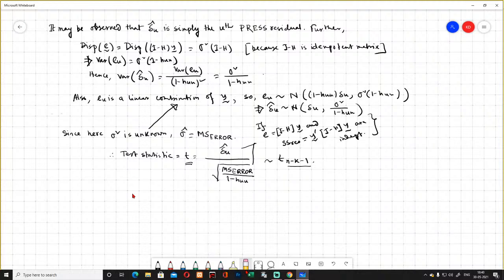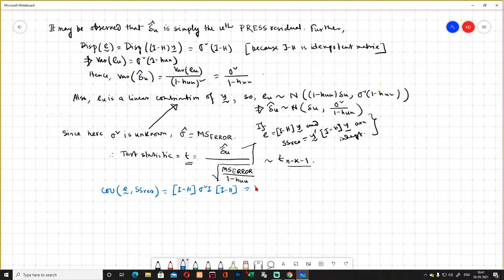So see that, the covariance of e and SS due to residual is a well-known multivariate result, sigma square (I − h).